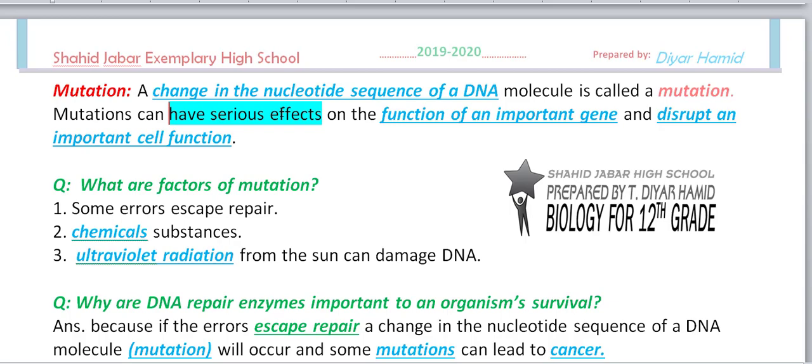These genes are important for our life and survival. If a mutation occurs in any gene, it may cause disease or disorder. Sometimes a genetic disease is called a genetic disorder. Most genetic disorders are caused by mutation and disrupt an important cell function.